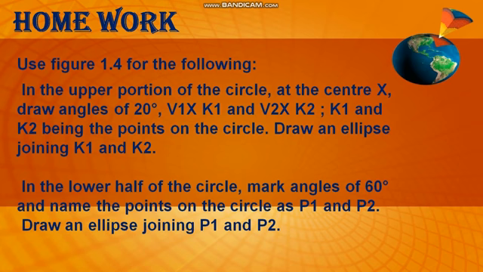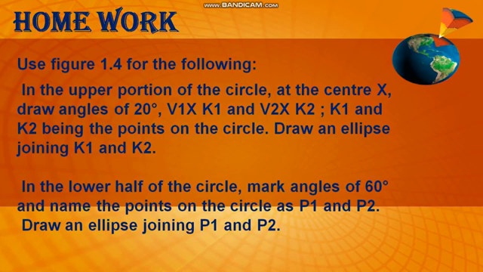So now students, this is your homework. Use figure 1.4 for the following. In the upper portion of the circle at the center X, draw angles of 20 degrees, V1XK1 and V2XK2, K1 and K2 being points on the circle.